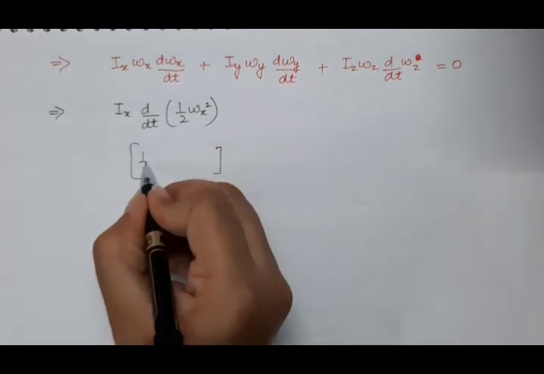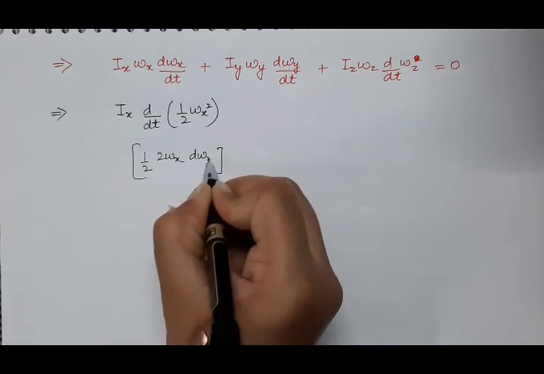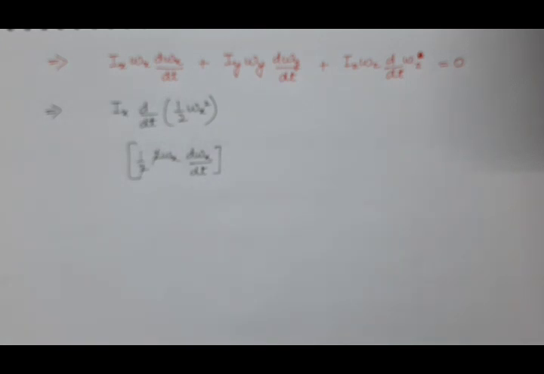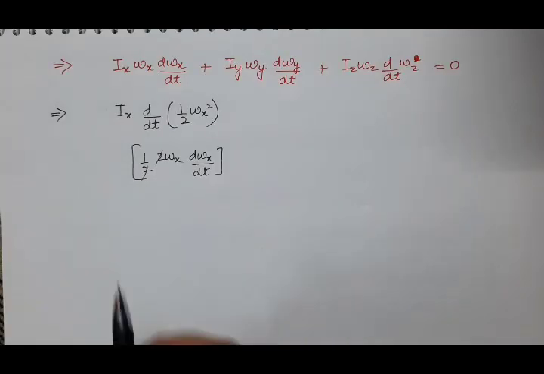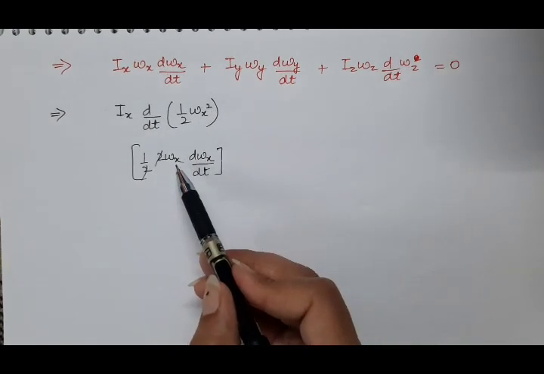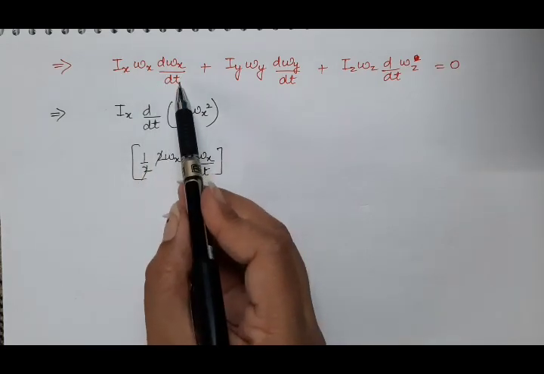Differentiation of this will be half as it is, omega x square becomes 2 omega x, then d omega x by dt. So here 2 and 2 are cancelled out, and we have omega x d omega x by dt.